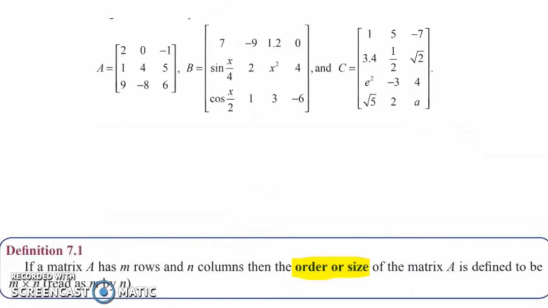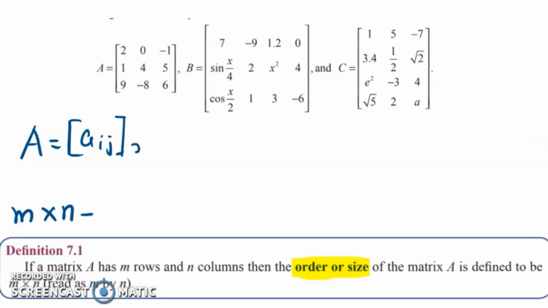The order m by n that we write for a matrix is called the order or size of the matrix. So let's see the matrix A, which is here, the first one. This has 3 rows and 3 columns. So this matrix can be written as A equals a matrix which has components a_ij, and its dimension is 3 by 3.